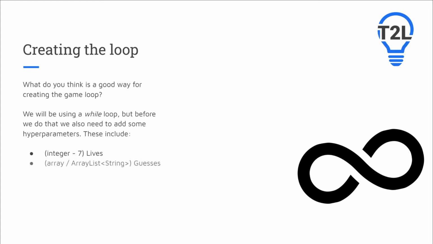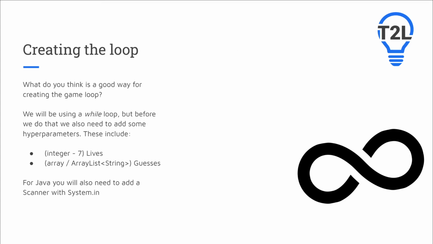And then you also want an array or an array list of strings if you're using Java for the guesses. And note that for Java you also want to include a scanner. I'm not sure if you've used scanners before, so I am going to go over step by step how to do that in the code. So if you don't know, just go ahead and make the integer and the array list.